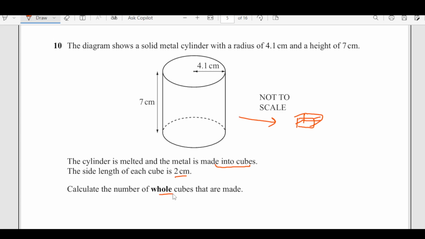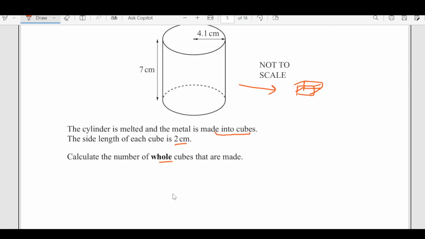So that means if you divide the volume of this cylinder by the volume of the cube, that will give us the number of cubes. So we will write down number of cubes.